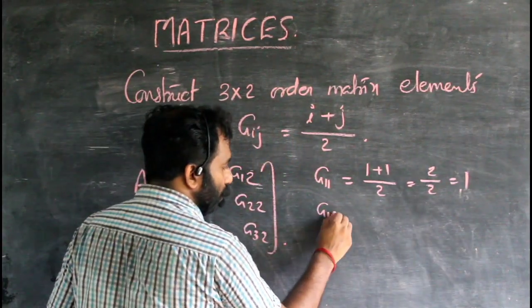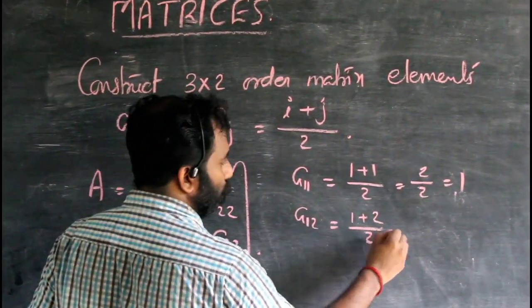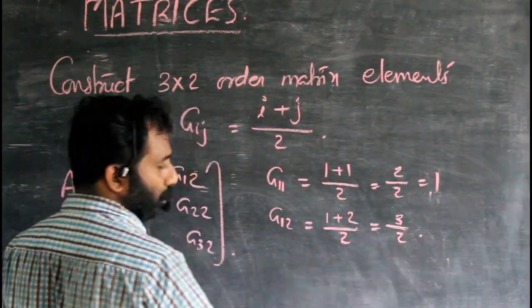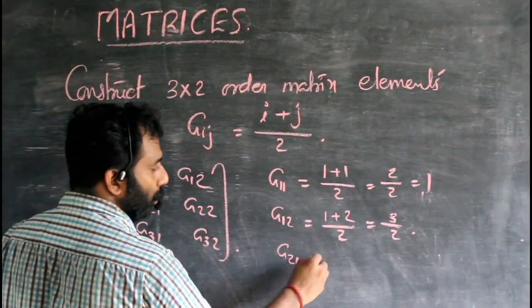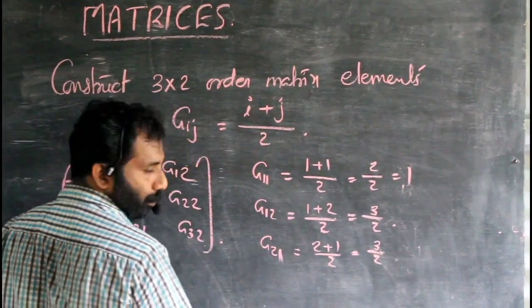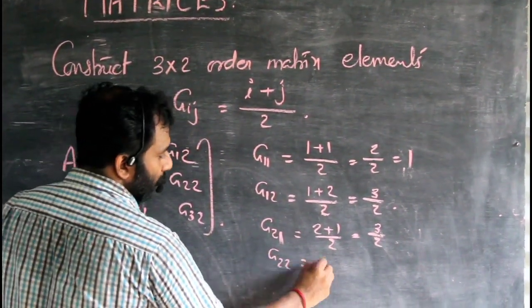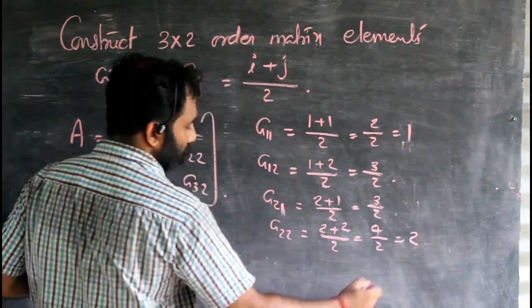Now what about A12? It is (1 plus 2) by 2, that is equal to 3 by 2. Next, second row, A21. That is (2 plus 1) divided by 2, equal to 3 by 2. A22 is (2 plus 2) by 2, equal to 4 by 2, equal to 2.